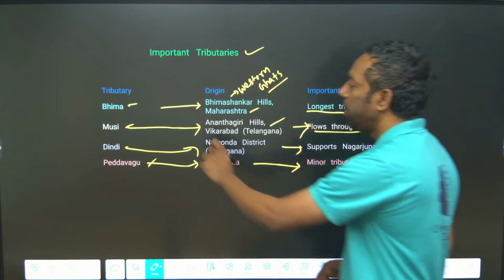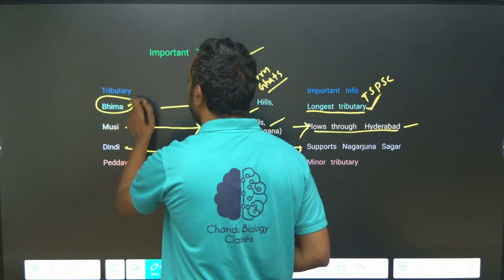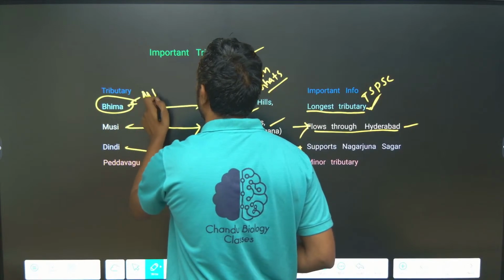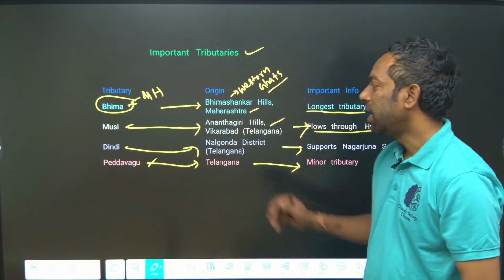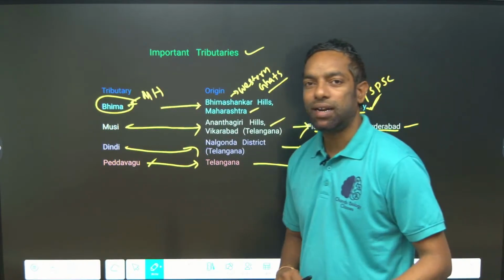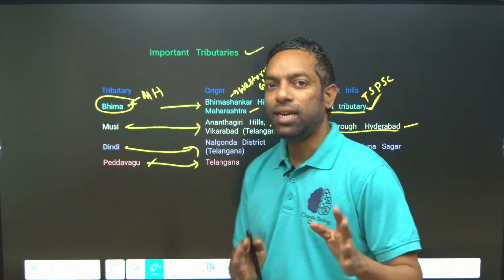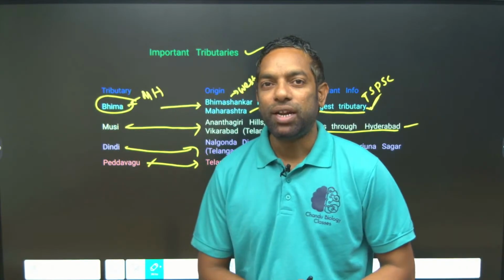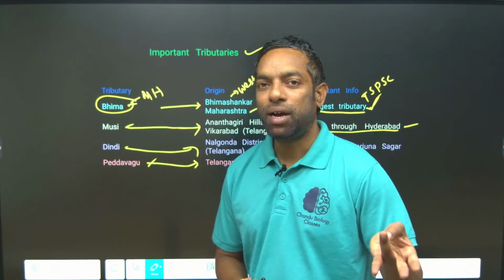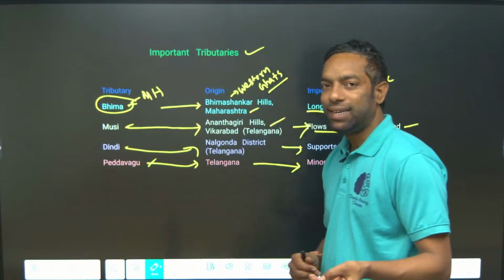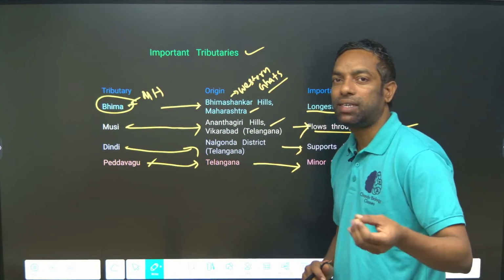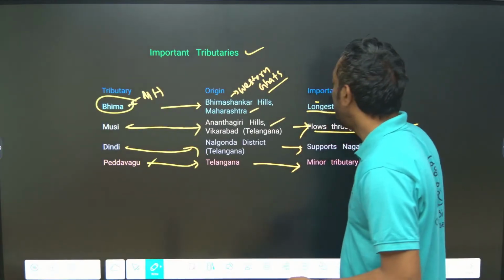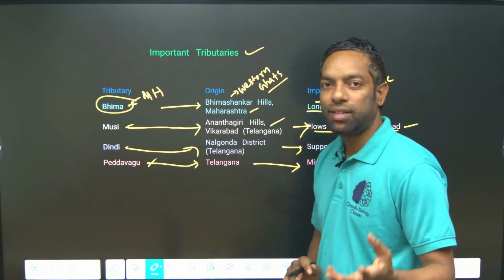Only Bhima originates in Maharashtra, in the Western Ghats. The remaining three originate in Telangana. Bhima is the longest tributary of the Krishna.